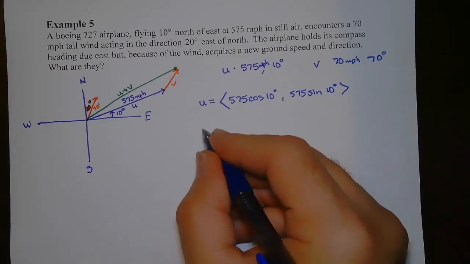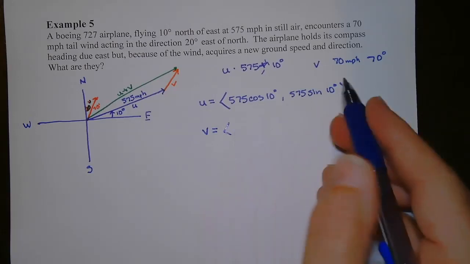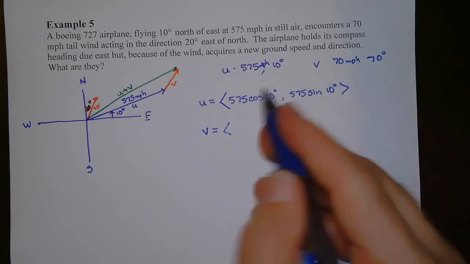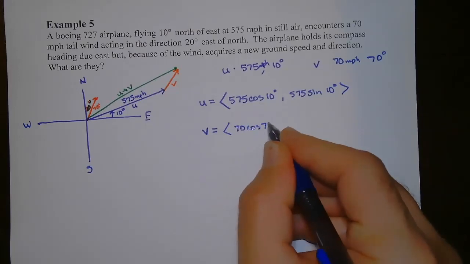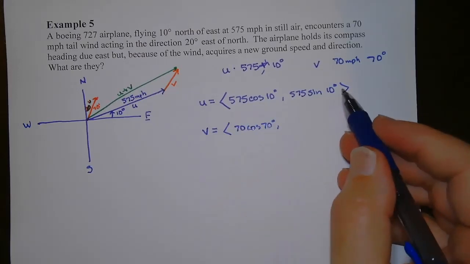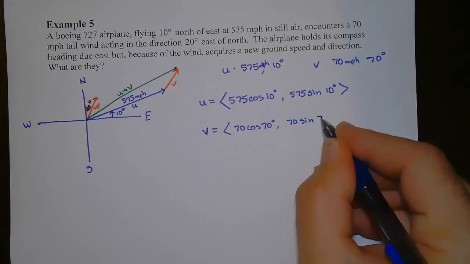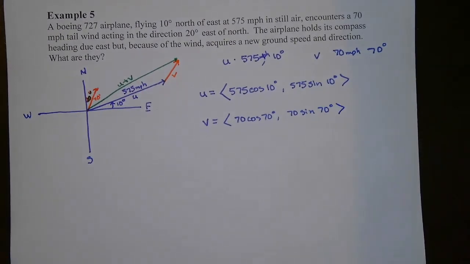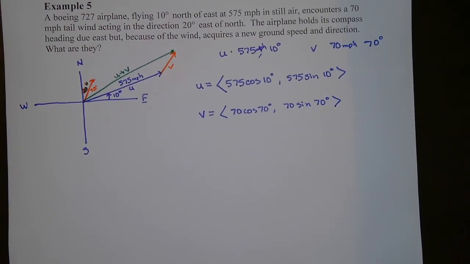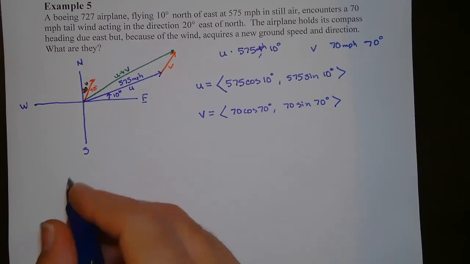Now, what's V? Vector V would be 70 cosine of 70 degrees, and the y would be 70 sine of 70 degrees. So with that said, what is U plus V?